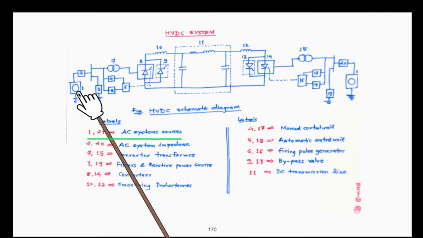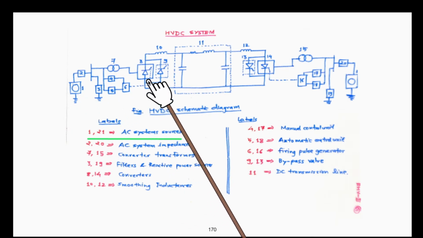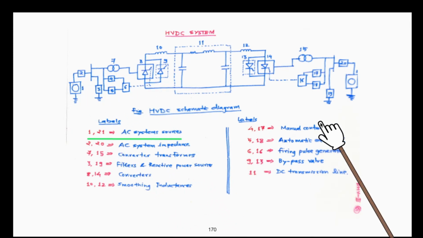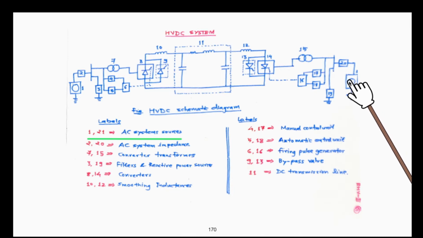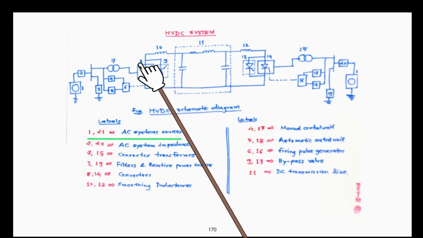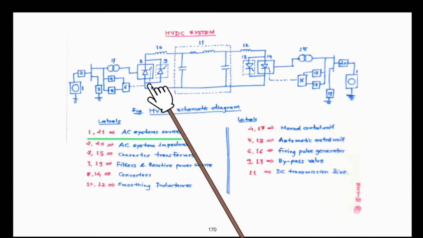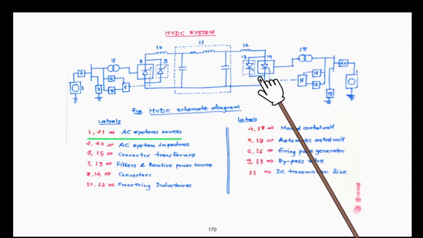Maybe some generator connected, or an AC network connected to the converter on the rectifier side. Similarly, an AC network connected to the inverter, okay. So this you may consider to be rectifier, and this you consider as an inverter, okay.